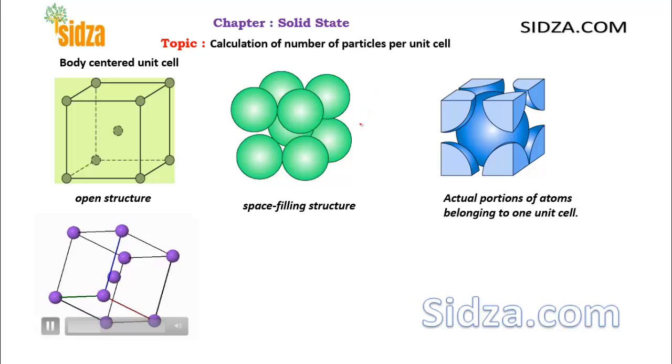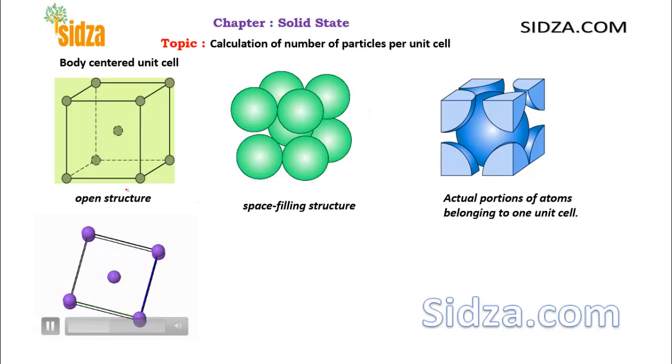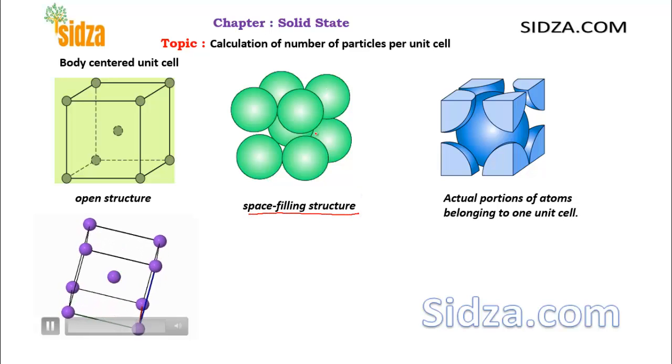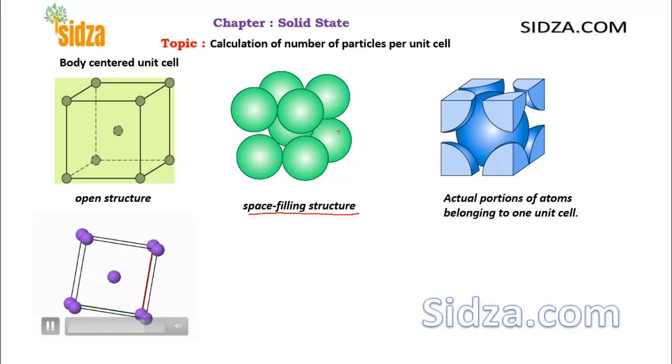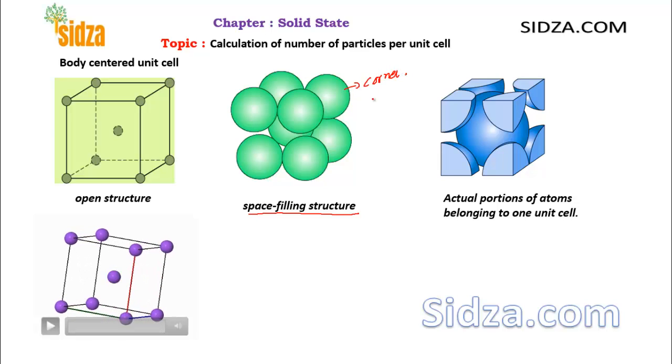Now look at these diagrams here. This is the open structure, this is the space filling structure. This is how atoms are actually present in a body-centered unit cell. Atoms at the corners and an atom at the center. So we have an atom at the corner, but the contribution of an atom at the corner is only 1 by 8, right?